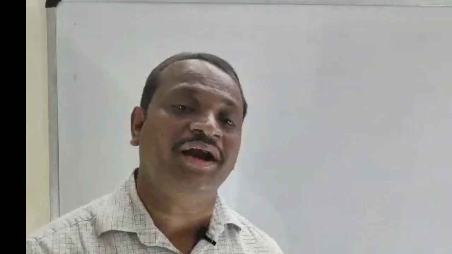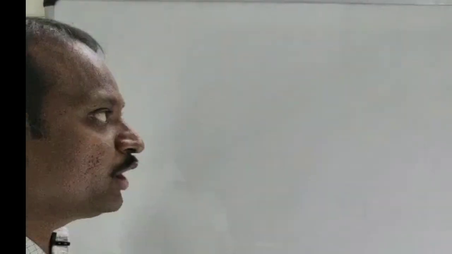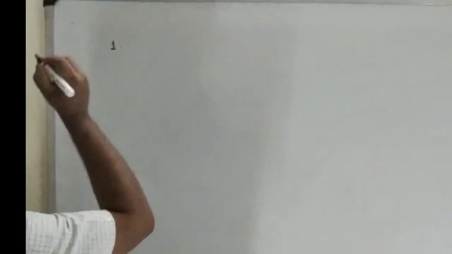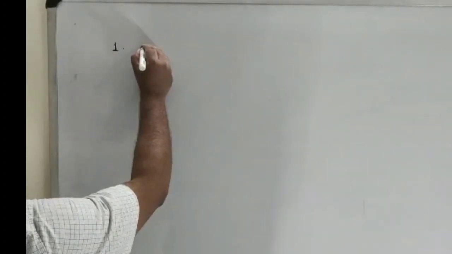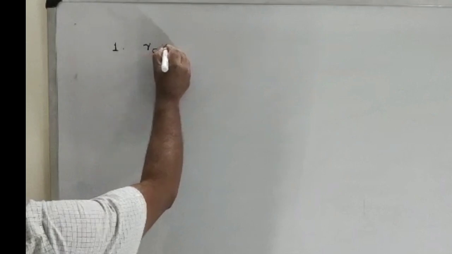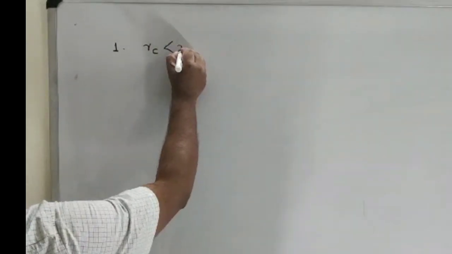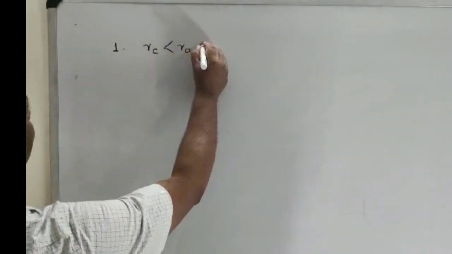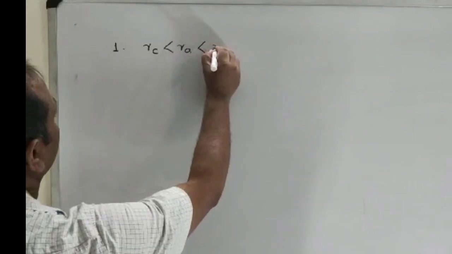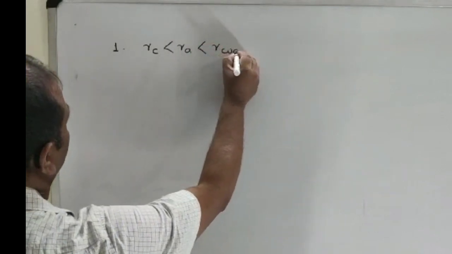As you know, atomic size can be expressed as covalent radius, atomic radius, or van der Waals radius. The first point to keep in mind regarding their radius: we know R covalent is smaller than R atomic, which is smaller than R van der Waals.